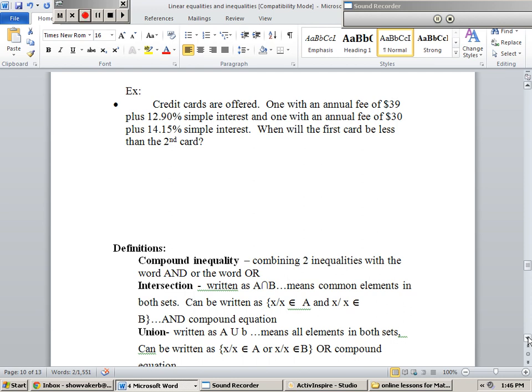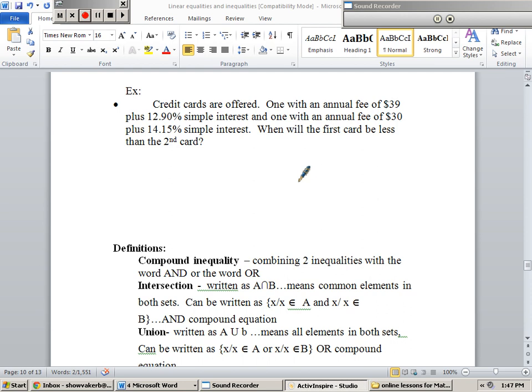Okay, this is where you would be going into where we did the trucks and which one's a better deal, and MCI and Sprint. They actually want you to put an inequality sign in and tell them when it's a better deal. Setup is still the same. It's going to cost you $39 for the first one and 0.129x. And the second one is going to be $30 and 0.1415x.